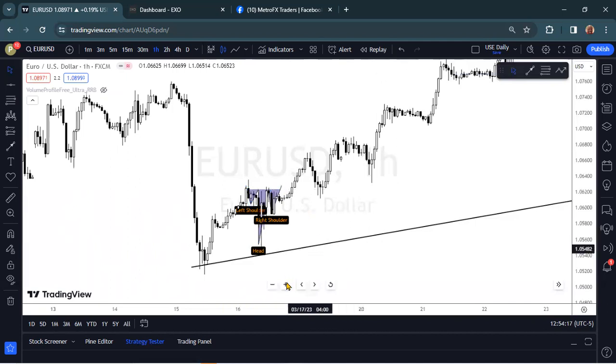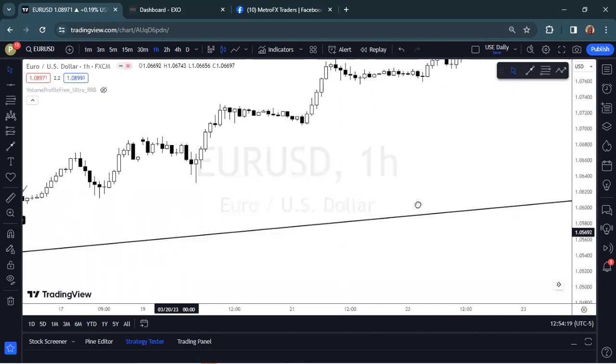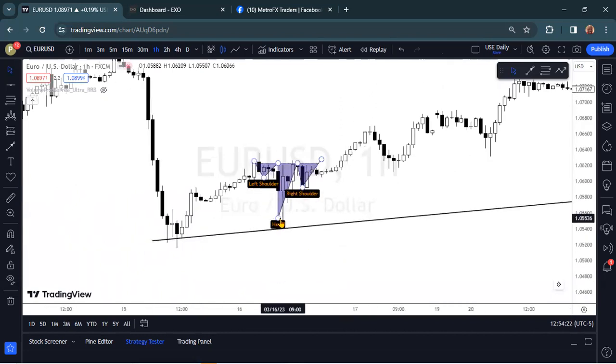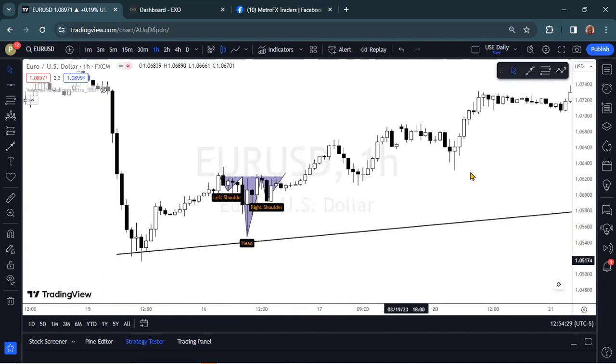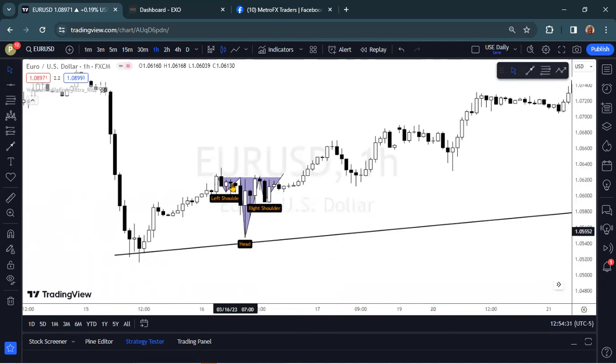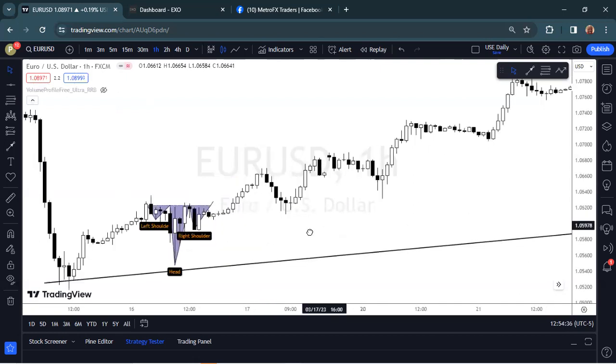It's the same head and shoulders, but the inverted is letting you know that it's going to go up, right? So whenever you're in an uptrend, you look for inverted head and shoulders. And you'll see more than one.